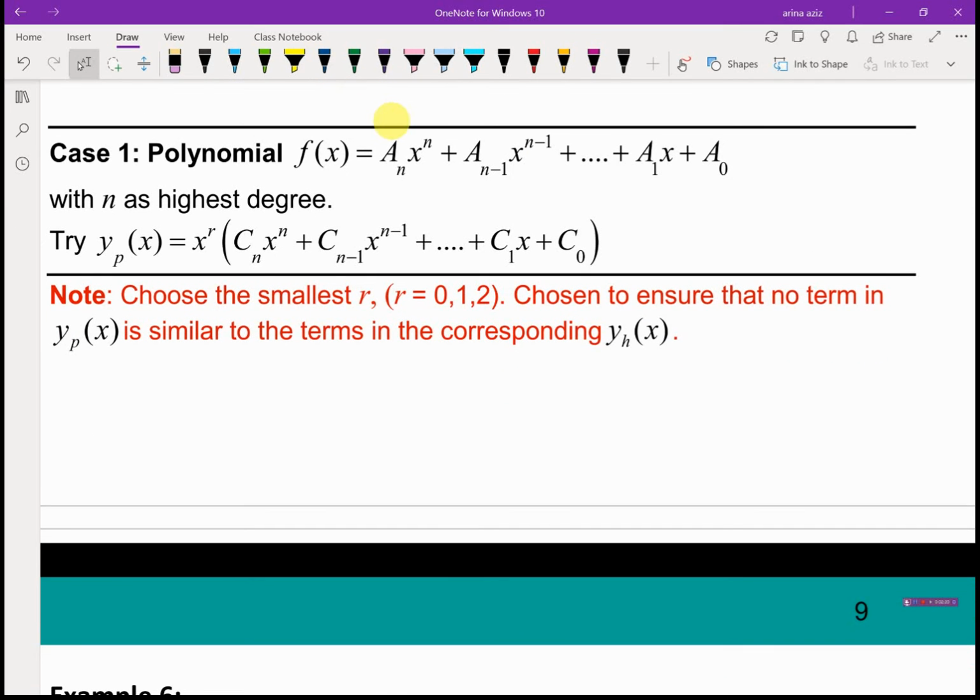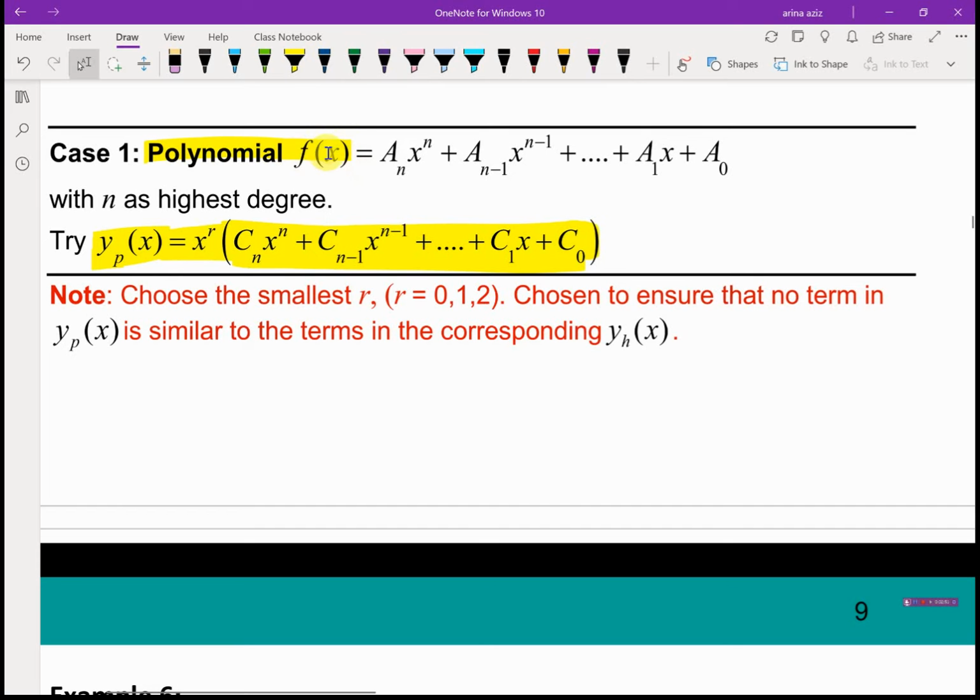Now let's have a look at the first case where your f(x) is polynomial. When f(x) is polynomial, we can guess the yp by using this formula. Try yp equal to x to the power of r, times a polynomial with the same degree as f(x).